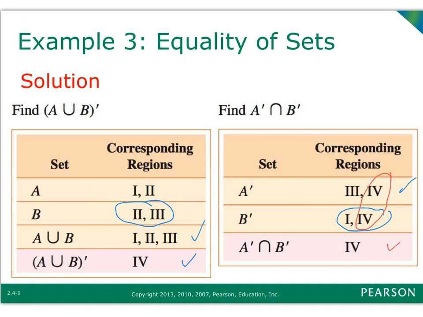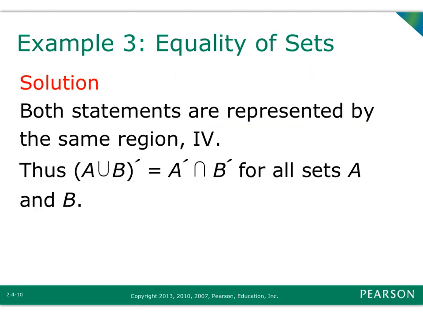Therefore, it turns out that A union B complement is equal to A complement intersection B complement. Both statements are represented by the same region 4. Thus, our statement must be true for all sets A and B.